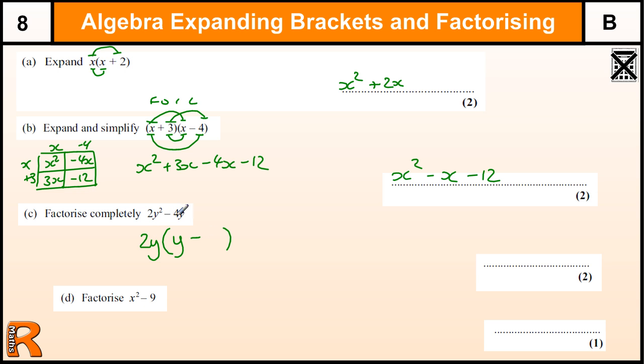What am I going to times 2y by to get 4y? Well, that's a 2. Sometimes it helps if you write it out in full. So maybe if you write it like this, and then break the 4 down into 2 times y, you can see then that we have a 2 as a factor and a y as a factor. And then what's left is this y and this minus 2.